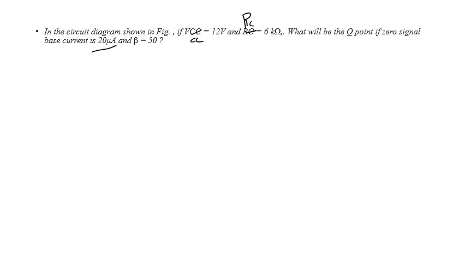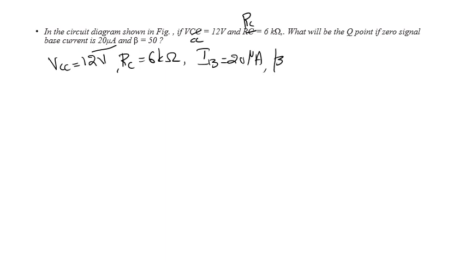So what is given is VCC equal to 12 volt, RC equal to 6 kilo ohm, IB equal to 20 microampere and beta equal to 50. This much data is given. From this we have to get the Q point.